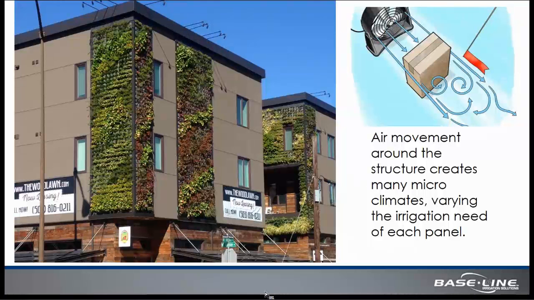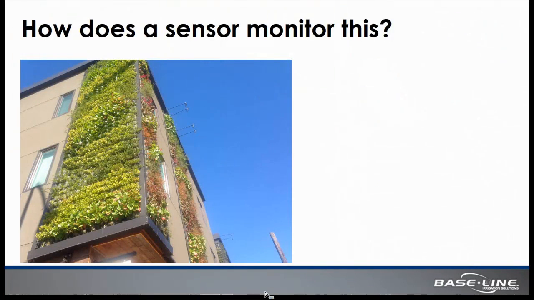And then of course we have to deal with gravitational drainage that is obviously going to occur as you're applying water to that vertical garden. So how does a moisture sensor monitor this?